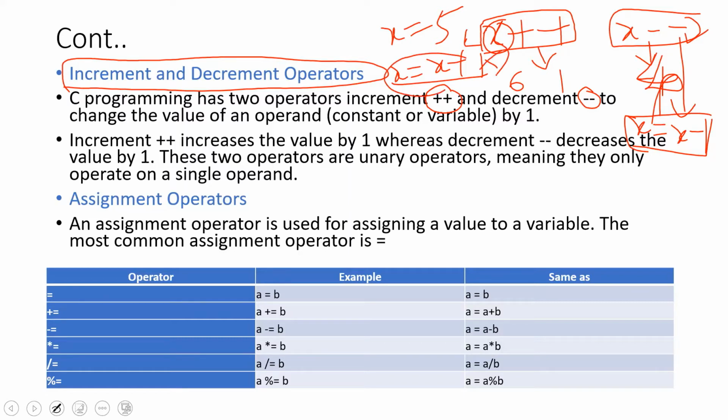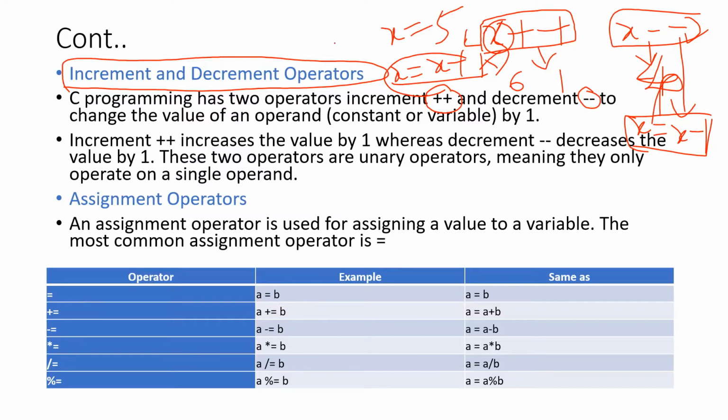But when it comes to these increment and decrement operators, we have two types of operators. That is called pre-increment and post-increment. Similarly, pre-decrement and post-decrement.